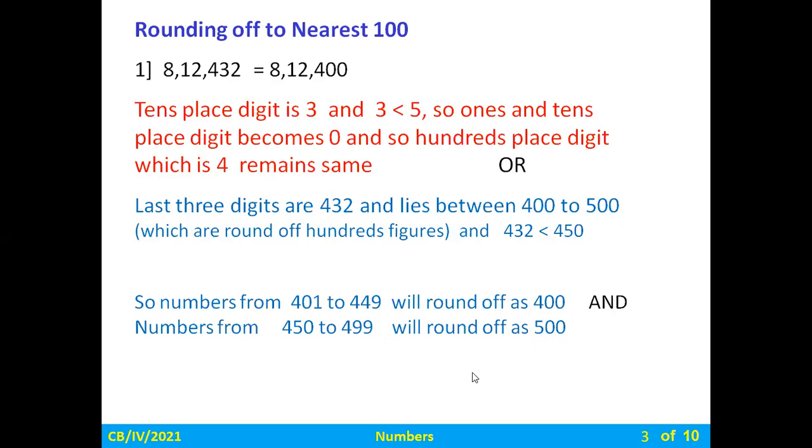This rule will apply for all the ranges. Suppose the number is between 100 to 200, or 300 to 400, or 600 to 700, or 800 to 900, this rule applies as it is. It will be same for all the ranges.